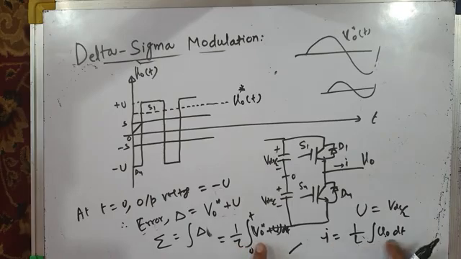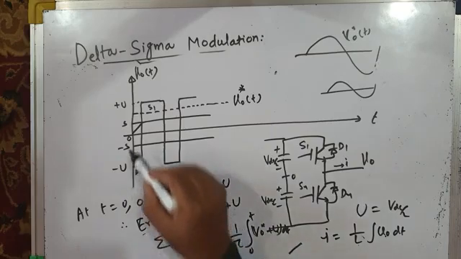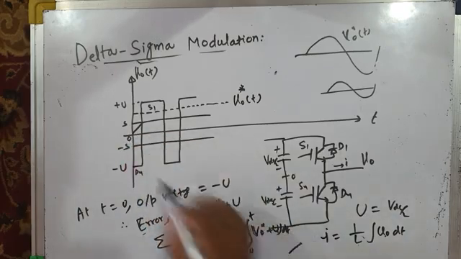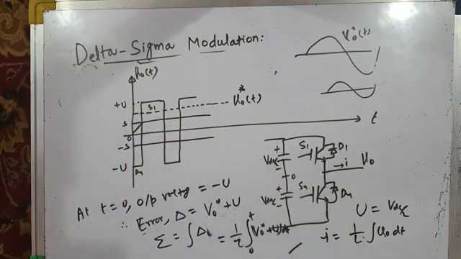Just like when current is integrated, it rises. Similarly, when this error voltage, V naught star plus VDC by 2, is integrated, after integration this error will rise like the current.